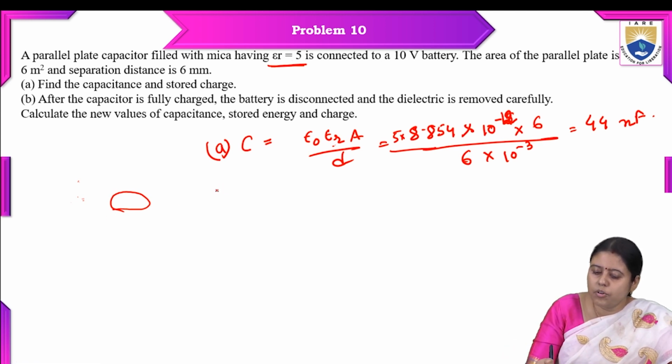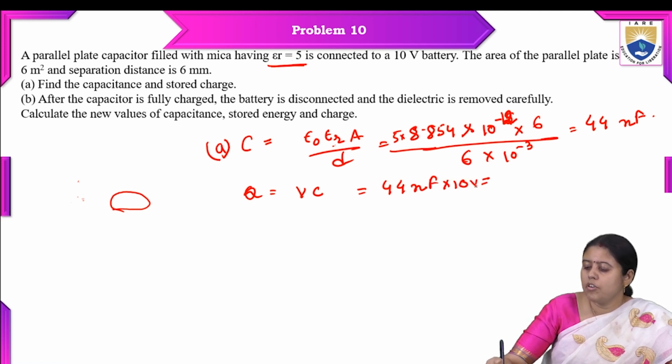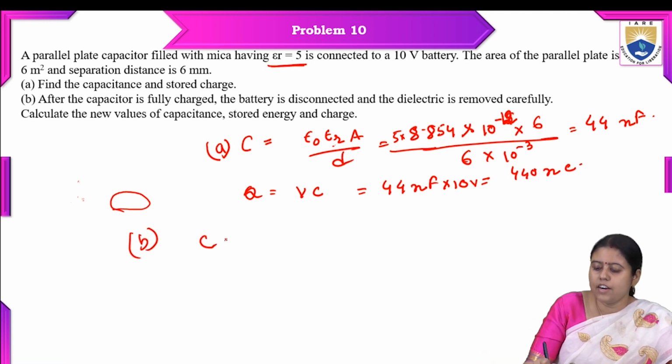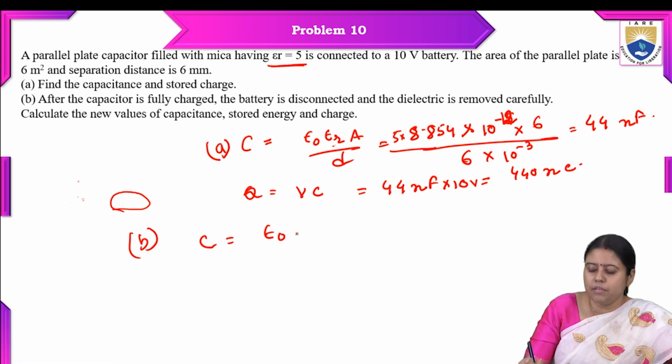So what is the stored charge? Stored charge Q is equal to V into C, 44 nanofarad into 10 volt, so 440 nanocoulomb. For the second case, as I discussed earlier, the mica has been removed completely.